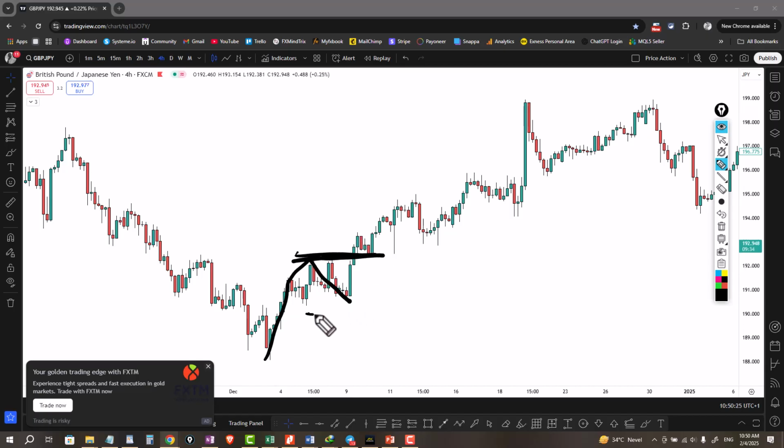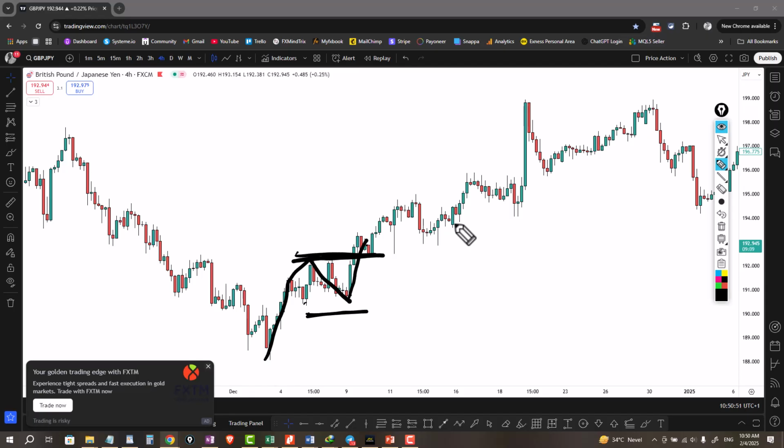Then he'll put his stop loss somewhere below this higher low. The assumption is that if price is going to trigger this trade for him, it has no business coming all the way down to this higher low or going lower, because if that happens, the market is no longer in an uptrend, and we'll gladly take our 1% loss and call it a day, because we're not going to be right 100% of the time.